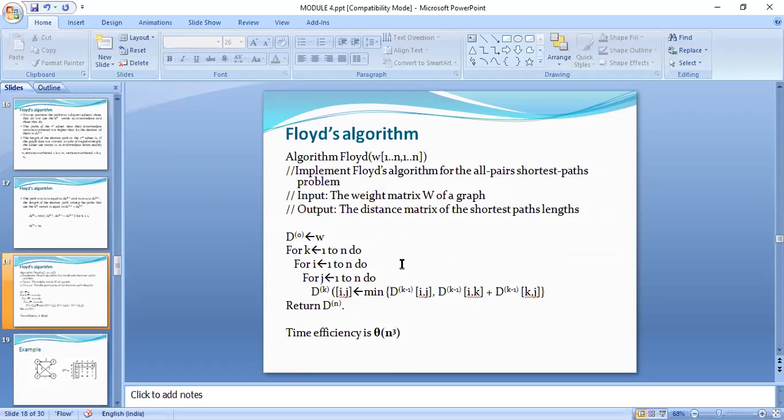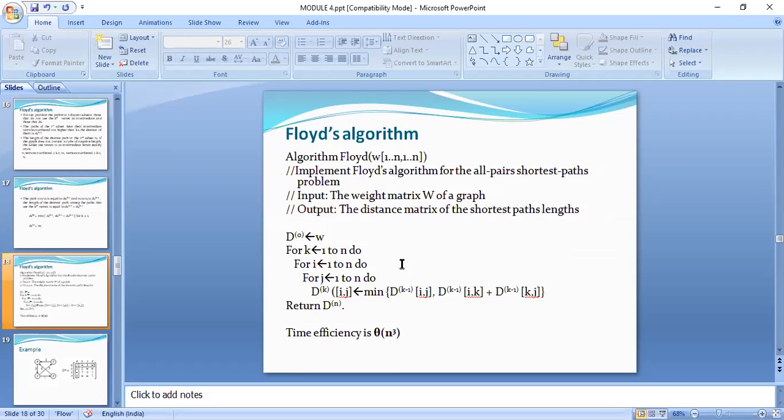That's what we have to see for the shortest path. Every time you encounter a problem, see how well you can use Floyd's algorithm in real-time applications.